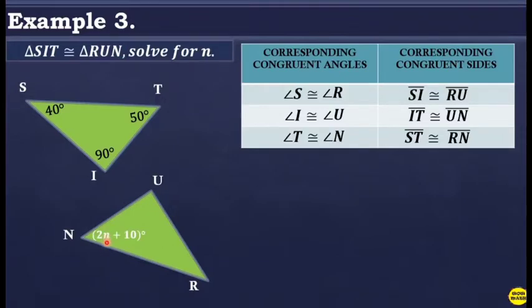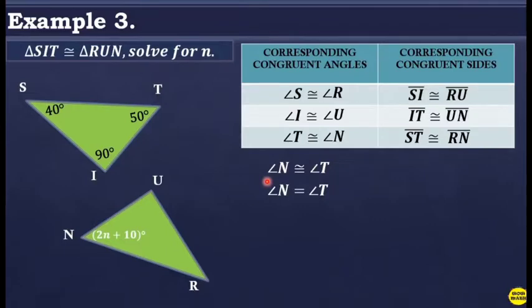Paano natin siya makukuha? Pwede mo itong gamitin. Angle N is congruent to angle T. Okay? So, based dito sa ating corresponding congruent angles that your angle N is congruent to angle T. So, therefore, if they are congruent, then they are equal.